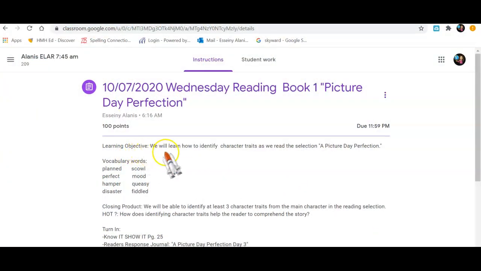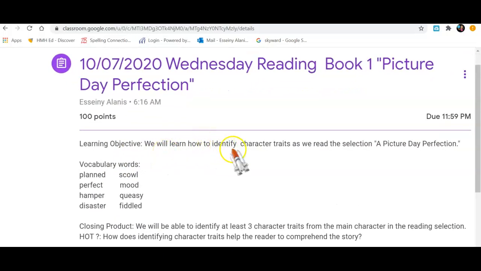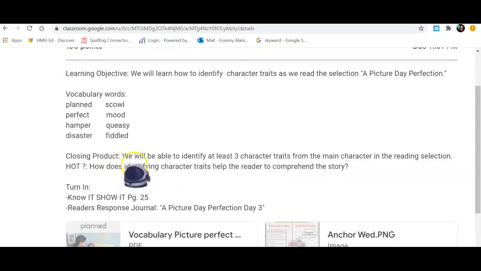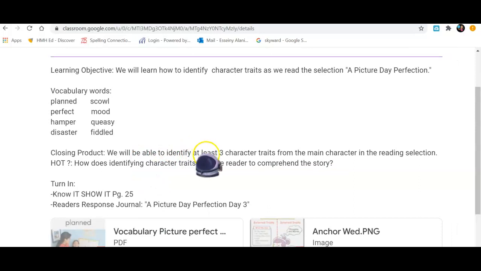Today's learning objective is we will learn how to identify character traits as we read the selection A Picture Day Perfection. Our vocabulary words: planned, perfect, hamper, disaster, scowl, mood, queasy, and fiddled. Our closing product is we will be able to identify at least 3 character traits from the main character in the reading selection.